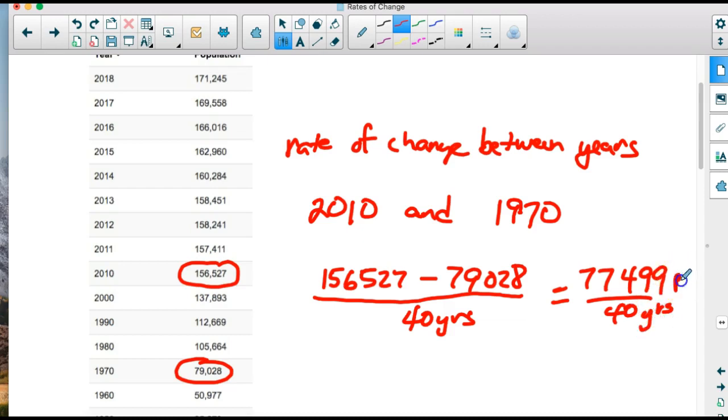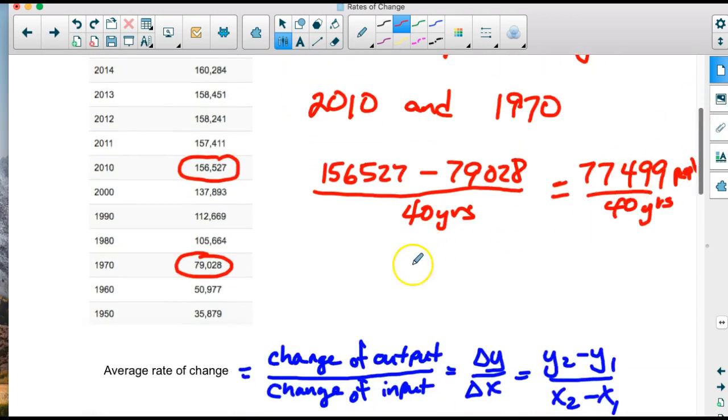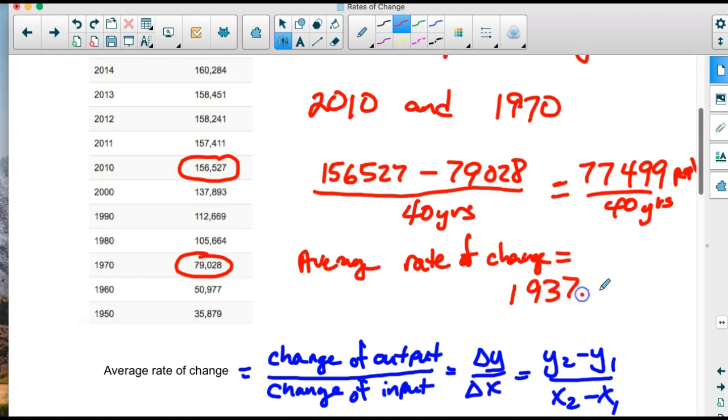So this is people per year. We would divide to get our average. This is how many people, but our average rate of change here is 1,937.4.